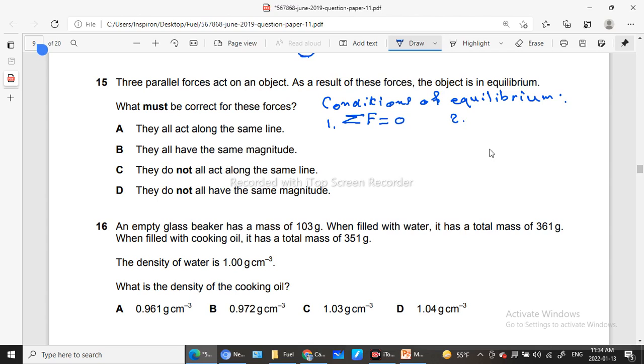And the second condition is the net torque about any point equals 0. So sigma torque around any point must equal 0. And this is the qualified answer. In this case, these two conditions are fulfilled.